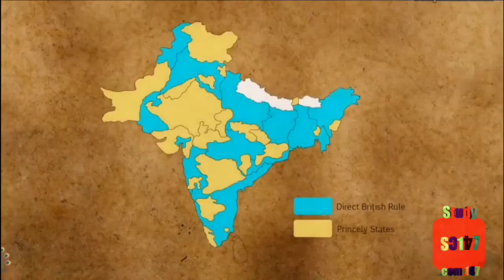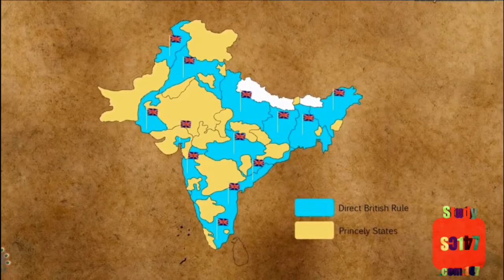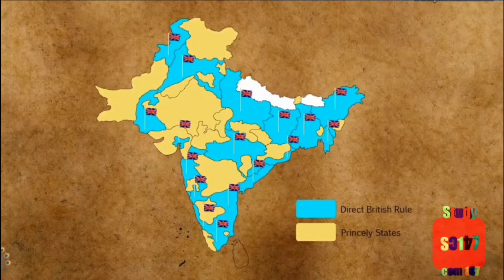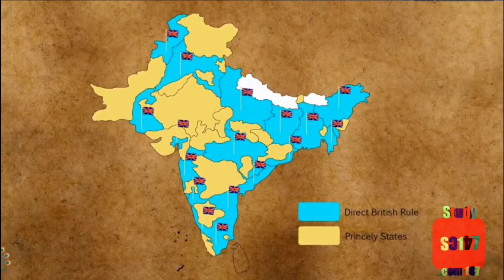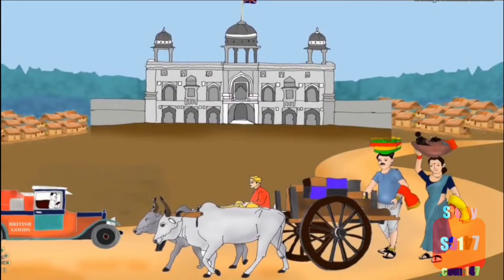The annexation of Indian states by the company cut off the major source of patronage to the artisans and craftsmen, making their lives miserable. Adding to the misery, British policies also discouraged the Indian handicrafts and promoted British goods.